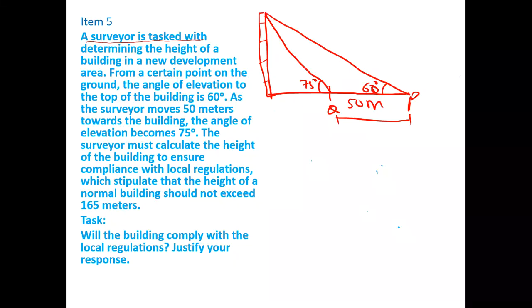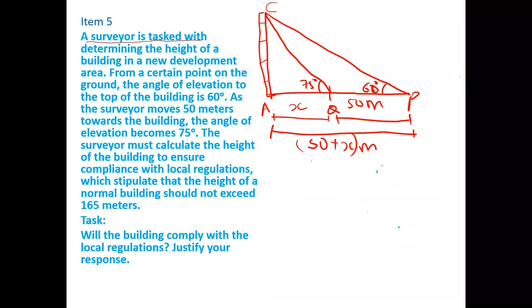Let the distance from the second position to the base of the building be X. Assume I create A here, and here at the top of the building I put C. It means the distance from A to P will be 50 plus X meters.